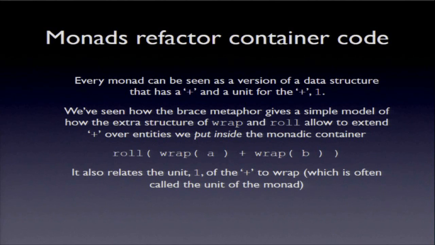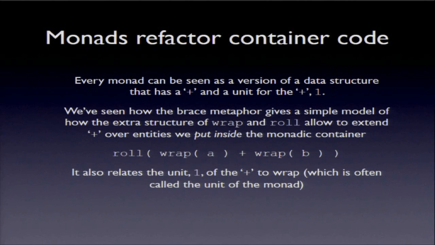Okay? And what we did when we talked about these shapely monads, these monads using this brace metaphor, was to show that there's one metaphor you can keep in your mind to keep all this straight. Okay? And so that metaphor of colored braces allows you to extend the plus operation over things that you put inside your monad. So now we're really talking about monads as containers.